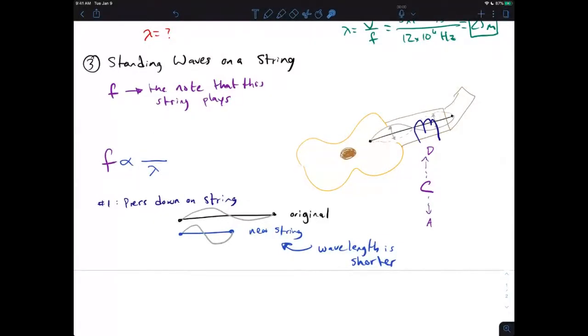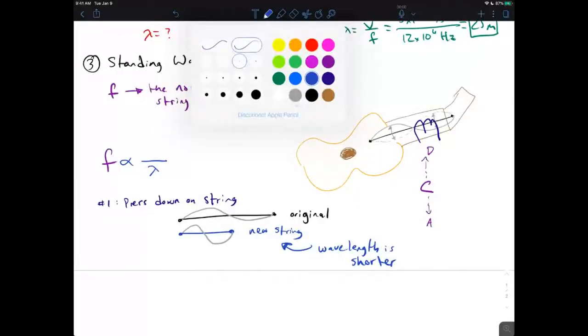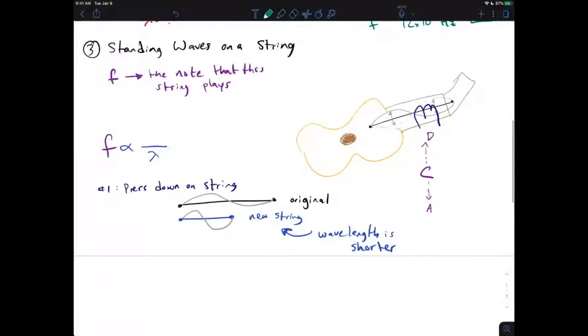Okay, next thing, if we make the string tighter, this is super good right here. Let's do this in green, and we're going to say number two, tighten the string. Usually you do that up here. There are little things to do that.